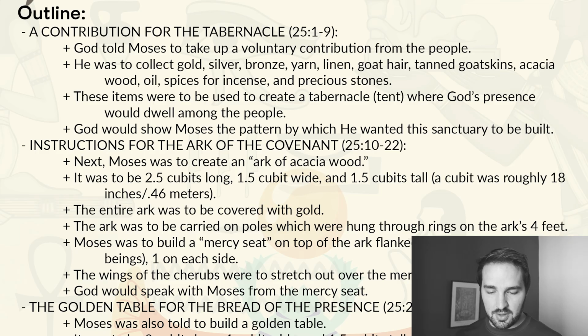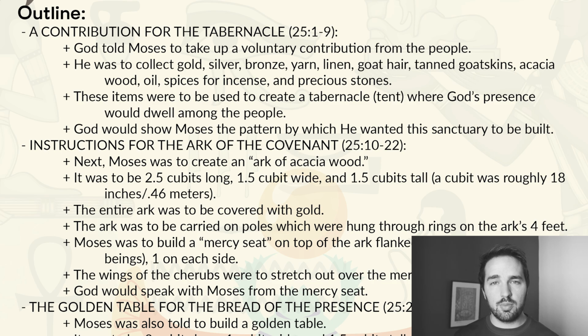And these items were going to be used to create a tabernacle, which is basically just a tent, but this was going to be a special tent because it was going to be the place where God's presence would dwell among his people as they were journeying through the wilderness on the way to the promised land.